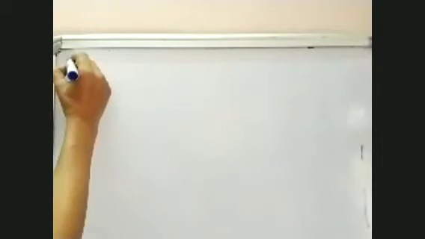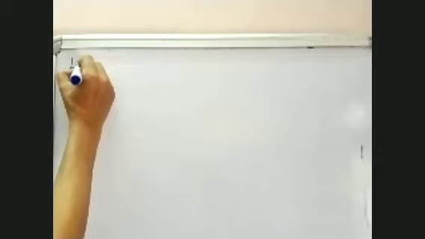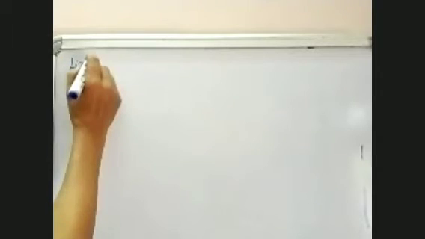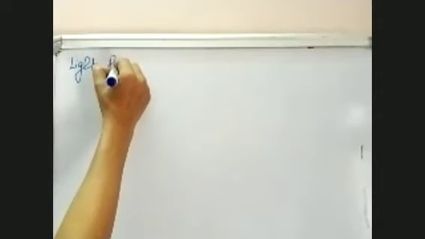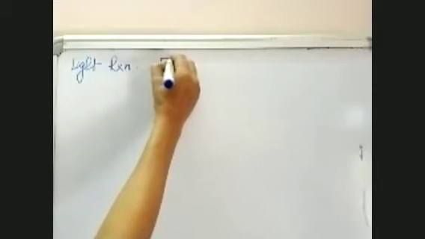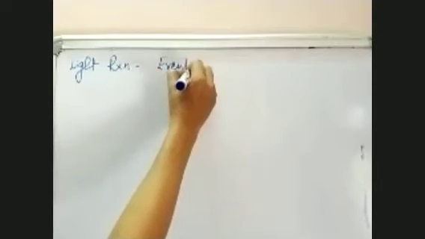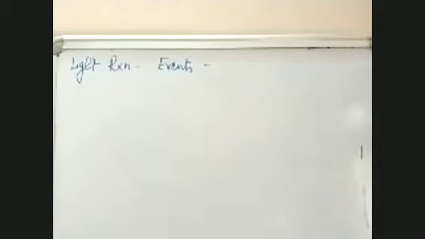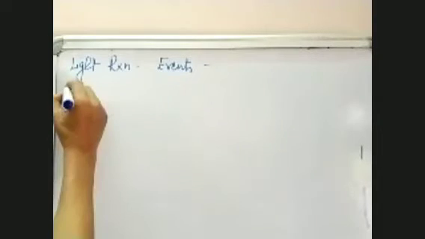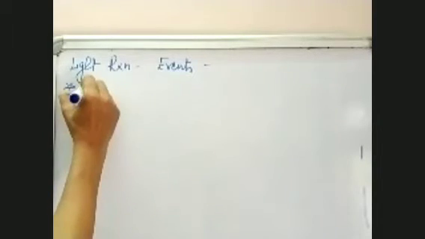Yes. So I'll tell you various events which take place in the light reaction. What happens in the light reaction? The major events of light reaction, which I'll summarize and let you know. So the first thing which takes place in the light reaction is absorption of light.